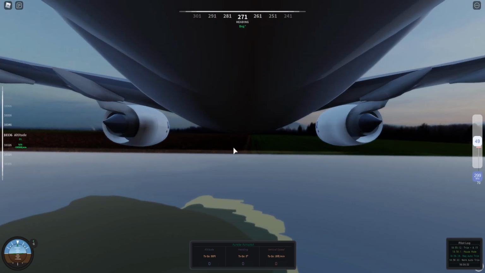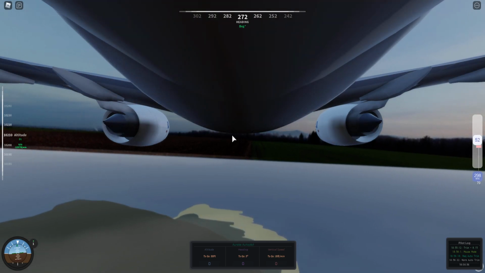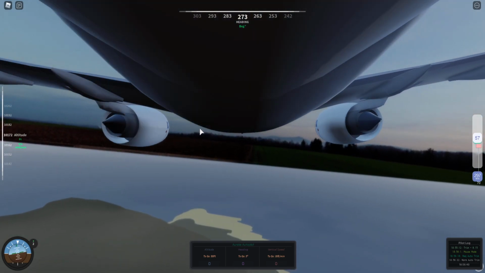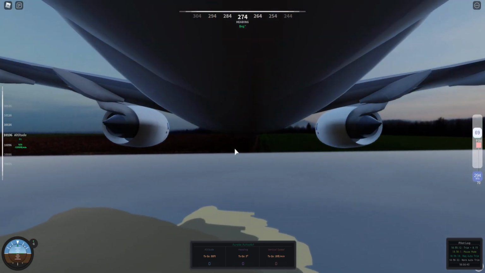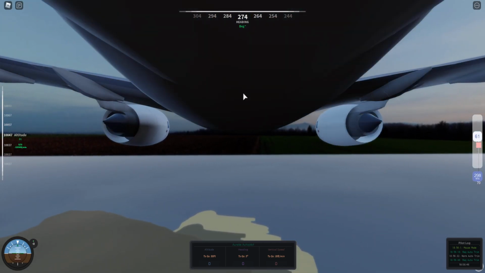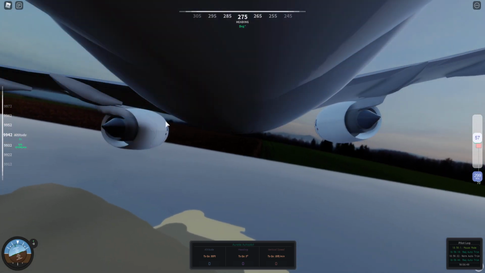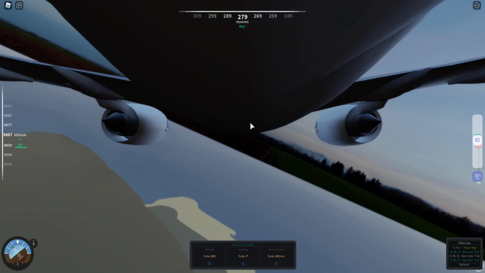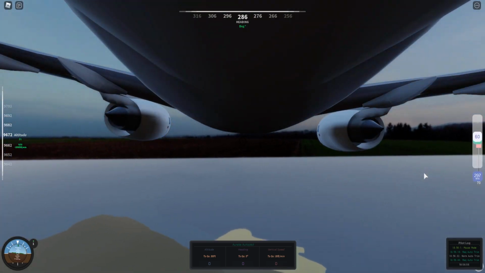But basically, once that is done, there would be no way to move your mouse in request mode. As you can see in pitch, there's no way to pitch up and down in request mode. I haven't actually turned on the bank limiter, so it stops you banking.